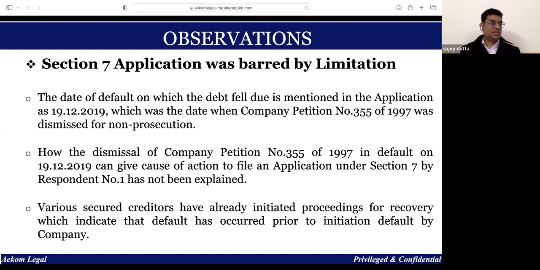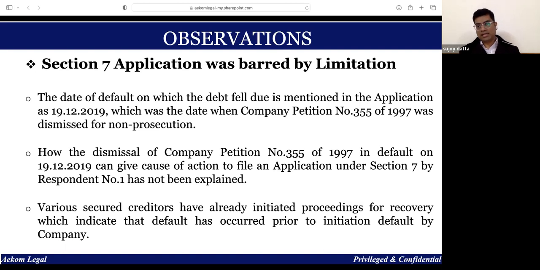See, you might get a cause of action to file a Section 7 financial debt petition when the debt is defaulted, when the demand notice is given, giving 15 days to pay, and 15 days pass and you have not yet repaid the bank. But the dismissal of a winding up petition cannot give rise to any cause of action of filing a Section 7 application.